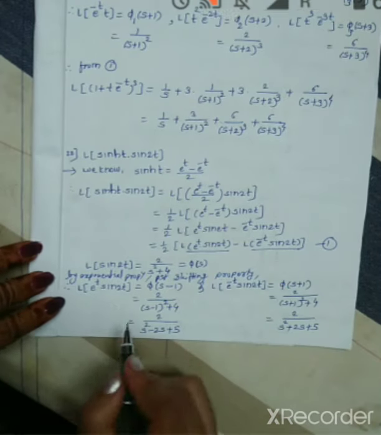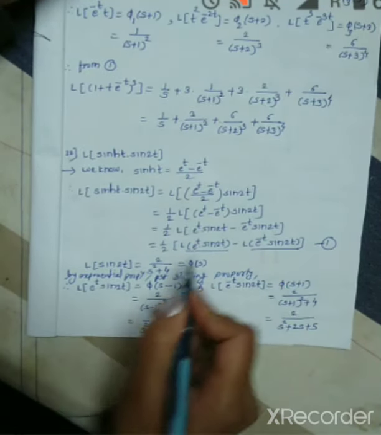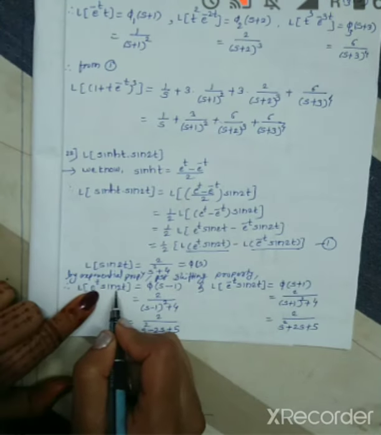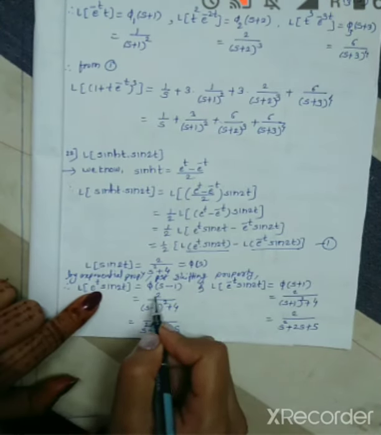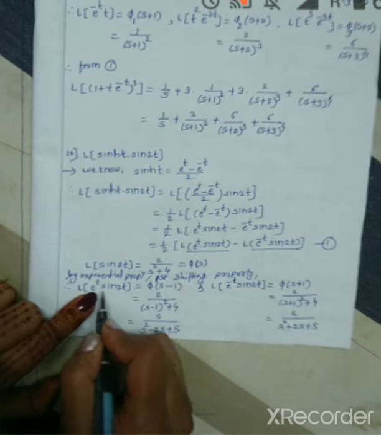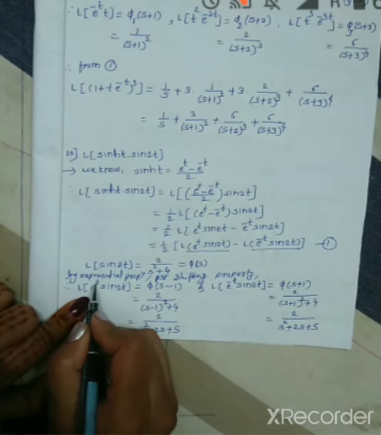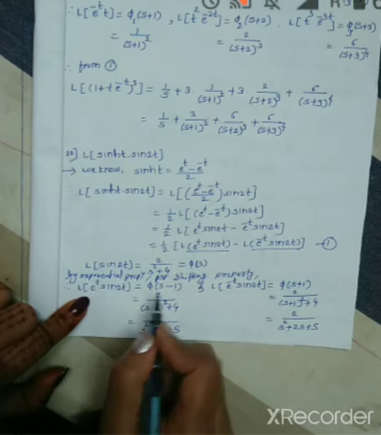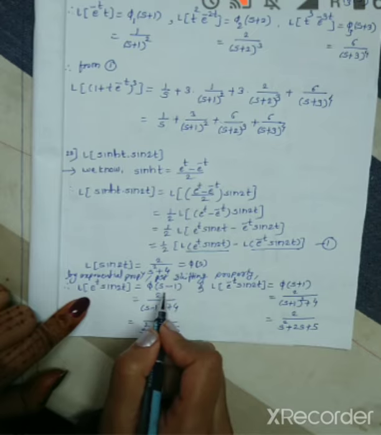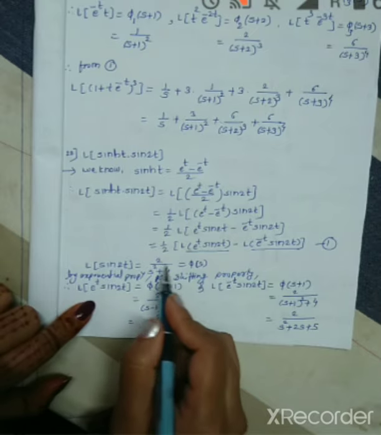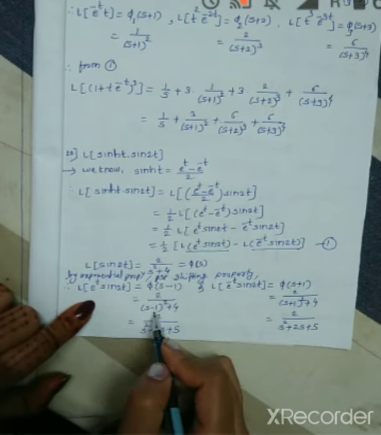Laplace of e raised to t into sine 2t is phi of s minus a, where a is the number attached to t. What is a? That is 1. That's why we replace s by s minus 1. What is phi of s minus 1? Just replace s everywhere by s minus 1.